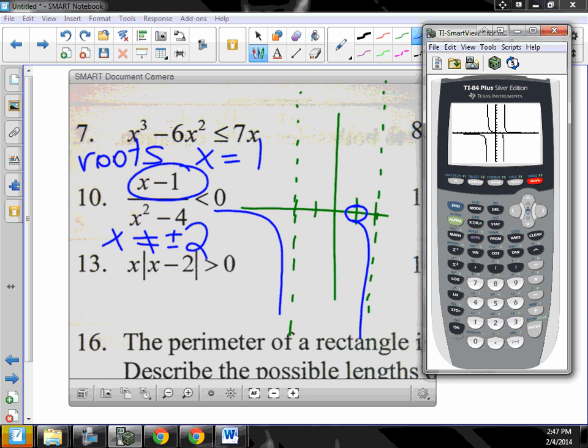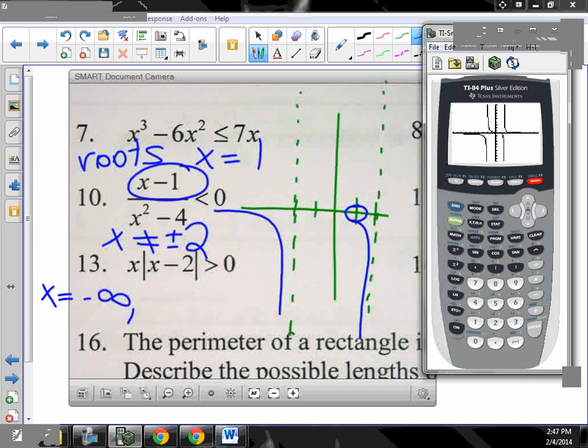So what is the solution set? X equals from negative infinity to negative 2, and both of those are parentheses.